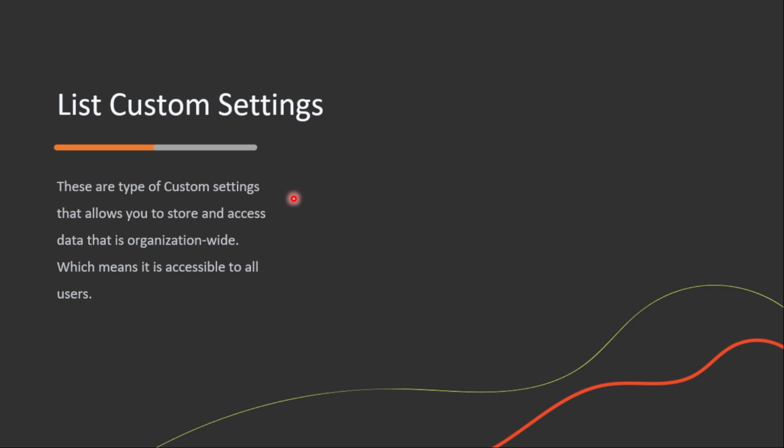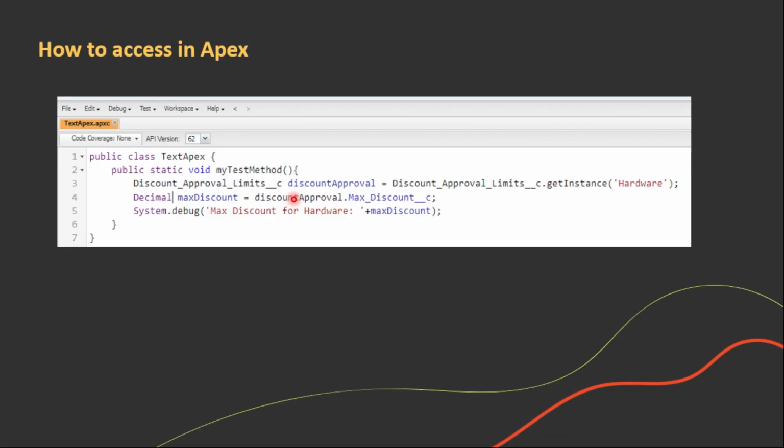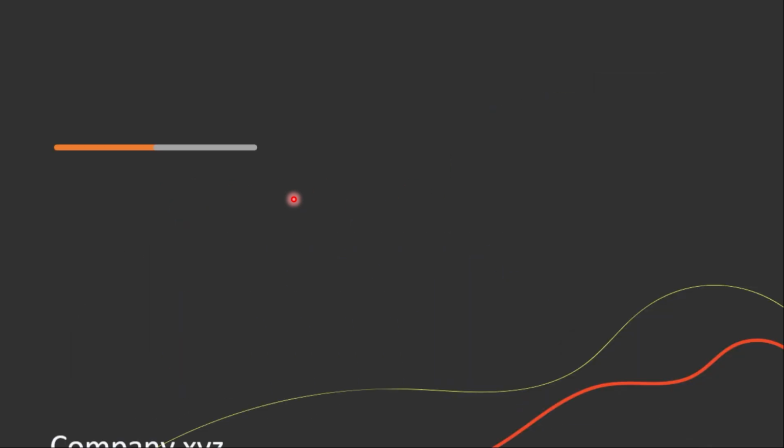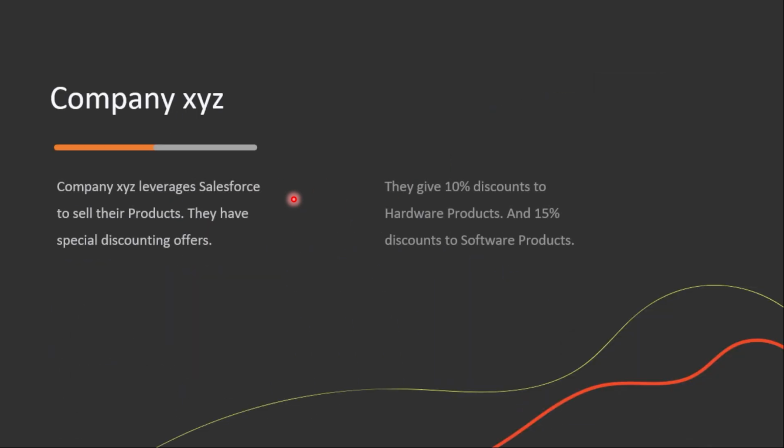The example which we saw for the discounting system, 10% for hardware and 15% for software products, is an example of list custom settings, because no matter what kind of user you are or what your profile is, it is applicable to everyone.